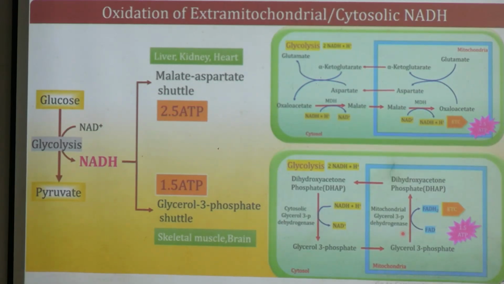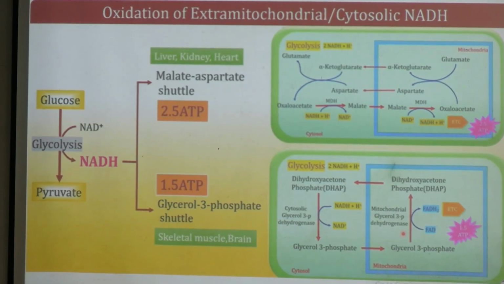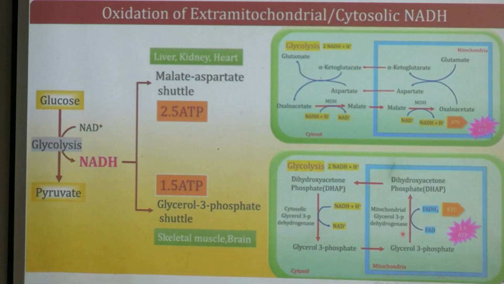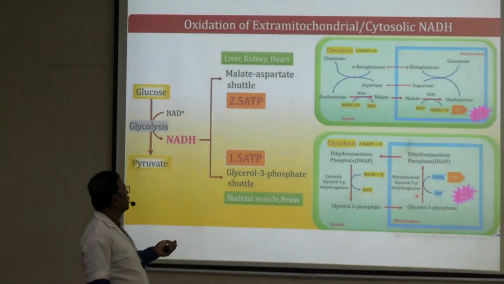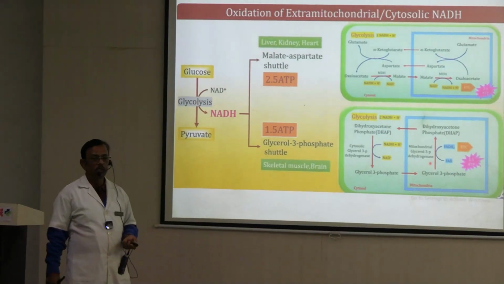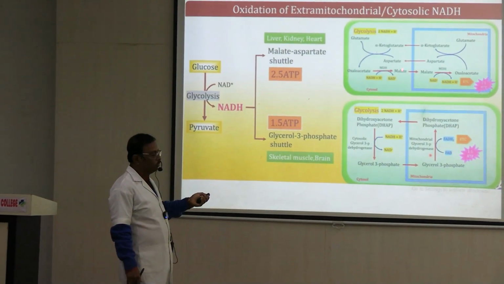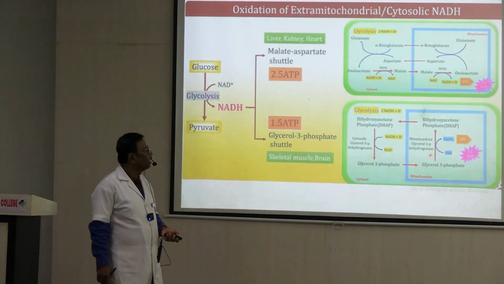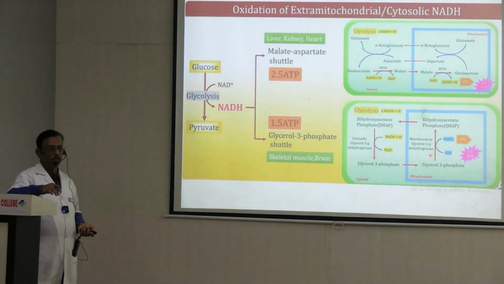Cytosolic malate dehydrogenase converts oxaloacetate to malate using this NADH and H plus, so that the NADH which is produced by glycolysis in the cytosol is used up in formation of malate. Now this malate can cross the inner mitochondrial membrane.